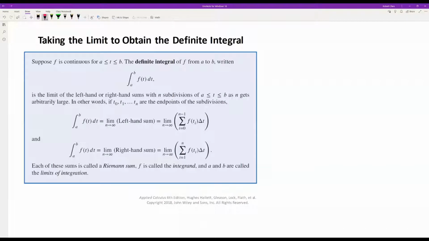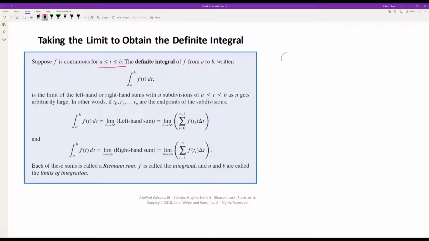Suppose f is continuous for a less than or equal to t less than or equal to b. So basically, if we have a certain domain for t between a and b, the definite integral of f from a to b is written as this.